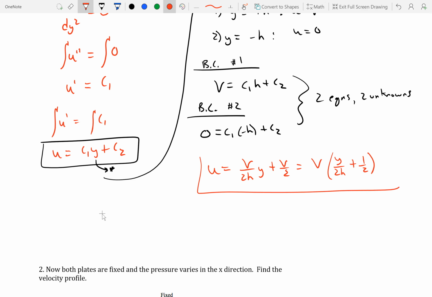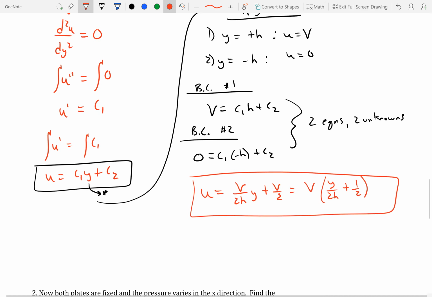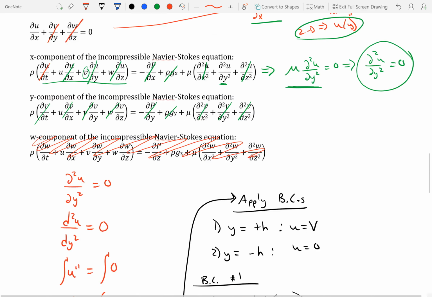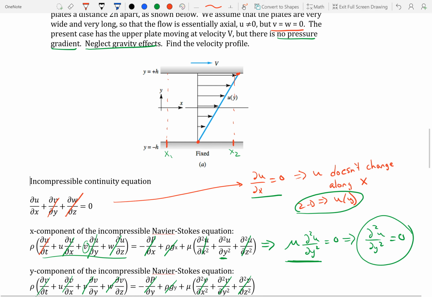Okay, so that is the velocity profile in the y direction. And it's going in the x direction. That's why it's u. Again, 0 here and V here.